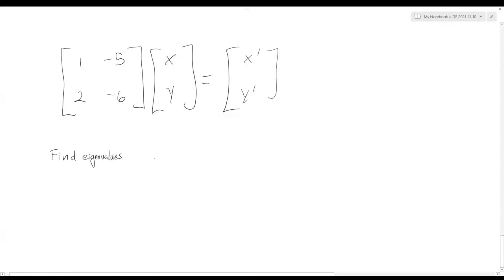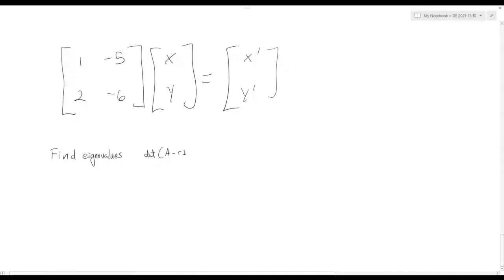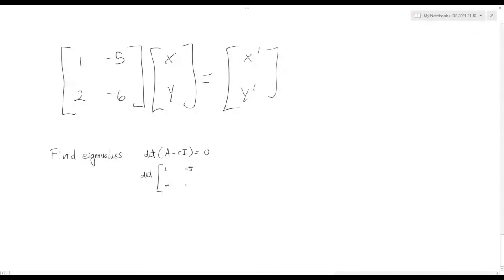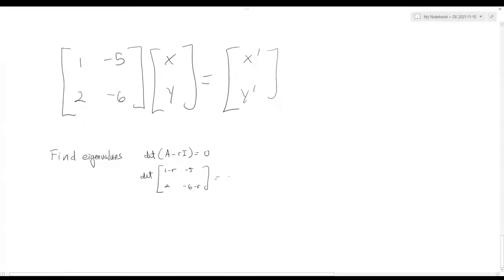We're going to look at this equation, determinant of our matrix minus r times I should be 0. So you have matrix A, and then you essentially just subtract r from the diagonals. So we compute the determinant.